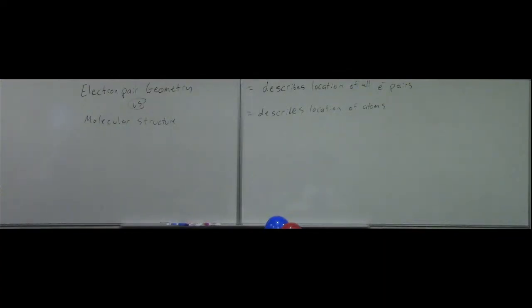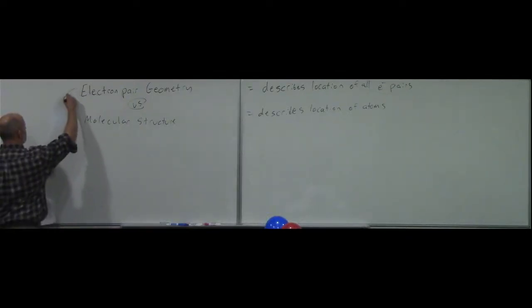We differentiate between these two situations by naming the geometry that includes all electron pairs the electron pair geometry, and the one that does atoms the molecular structure. The electron pair geometries will be the same as the molecular structures when there are no lone electron pairs around the central atom. But they will be different when there are lone pairs. These become different when there's a lone pair.